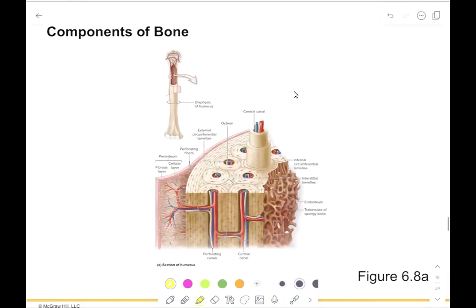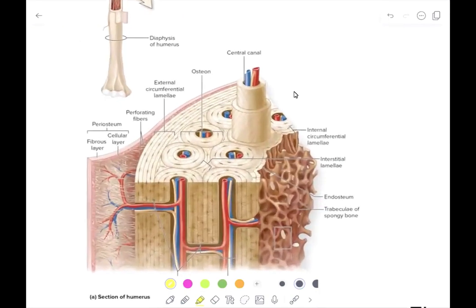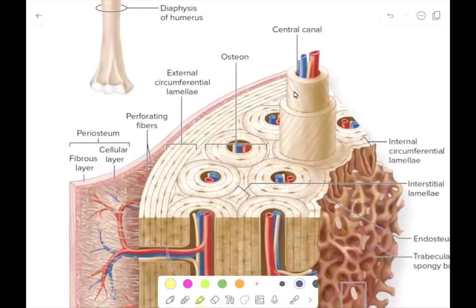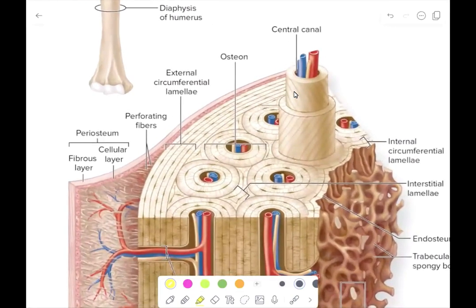This diagram shows you the components of the compact bone. So I'm going to zoom in so we can see this a little bit more. And notice this is taken from the diaphysis of the humerus in this case. It could very easily be taken from another long bone, such as the femur or the tibia, fibula, radius, ulna.